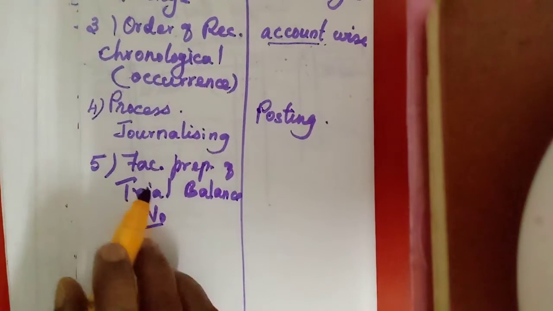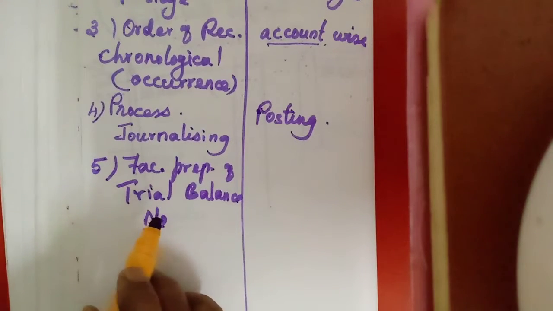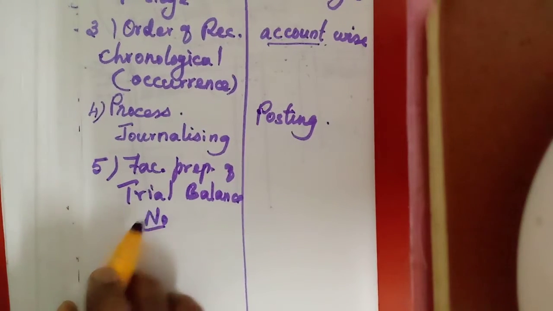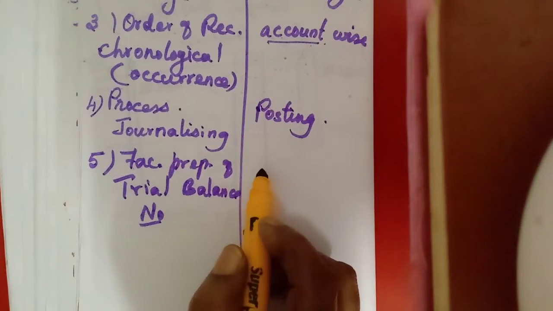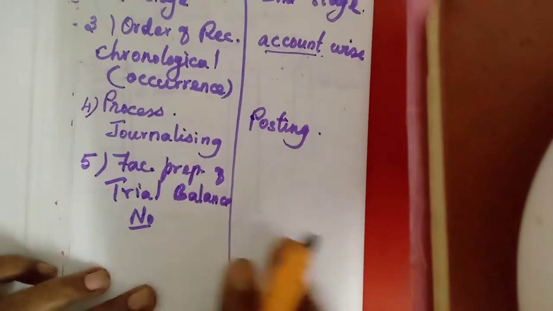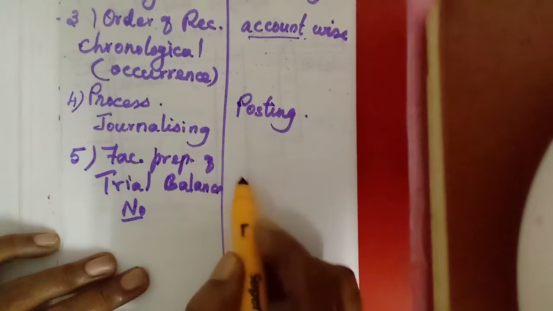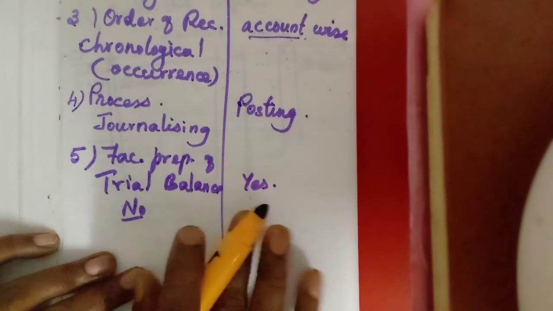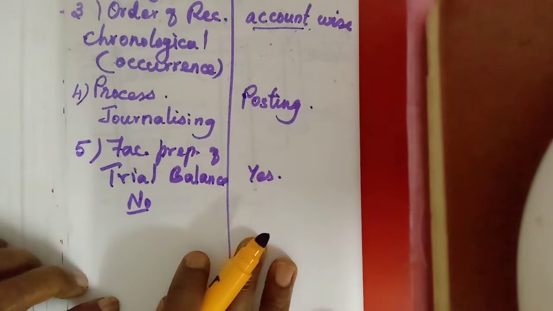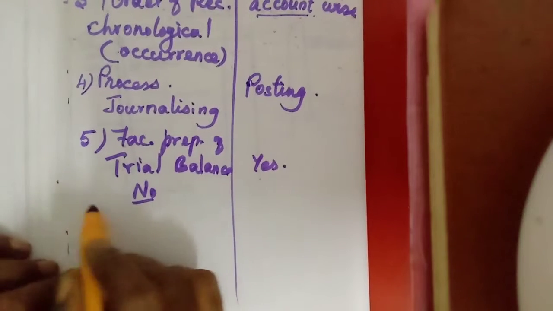From the journal entries, we cannot directly prepare the trial balance. But the ledger accounts are regarded as the basis for preparation of trial balance.